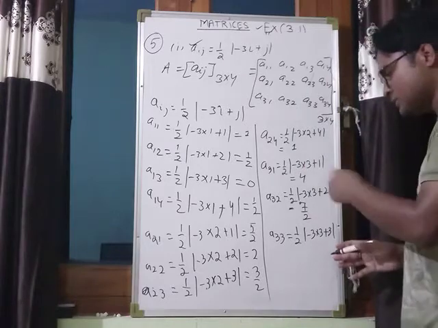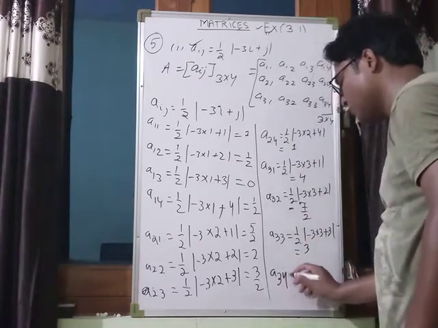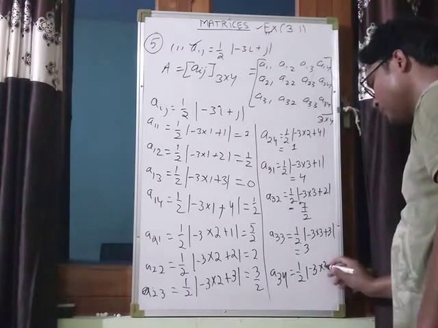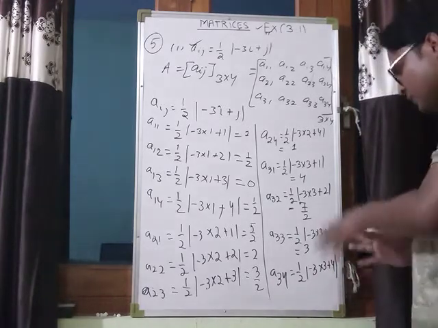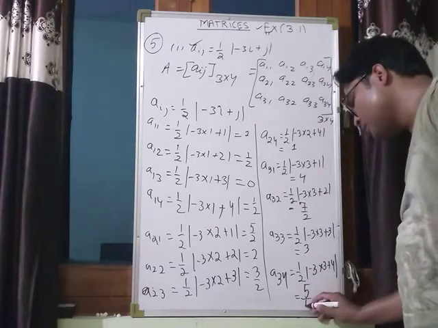Mod minus 6 is plus 6 by 2, that is 3. And A34 is 1 by 2 mod of minus 3 into 3 plus 4, that is minus 9 plus 4, minus 5. Mod minus 5 is 5 by 2. Okay, so all entries are here now.